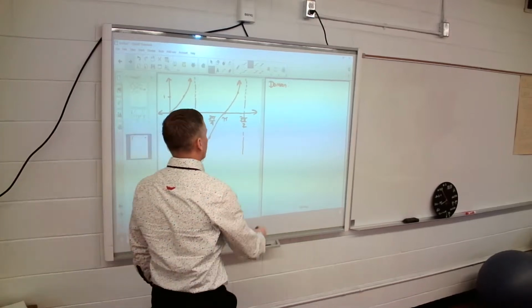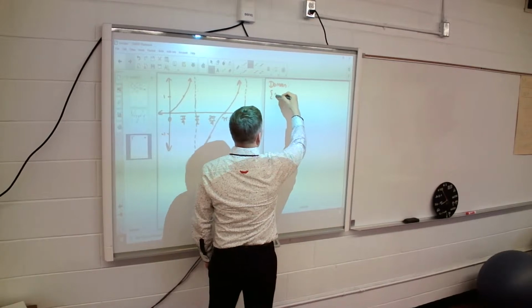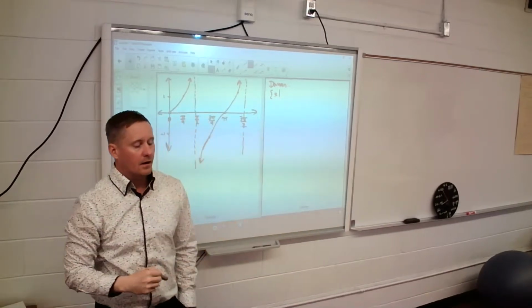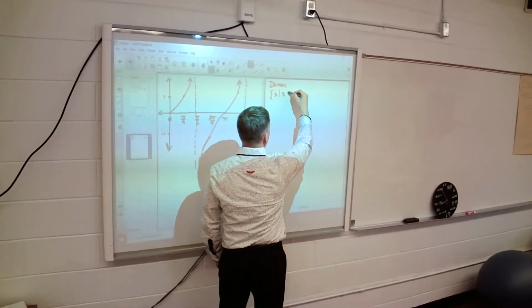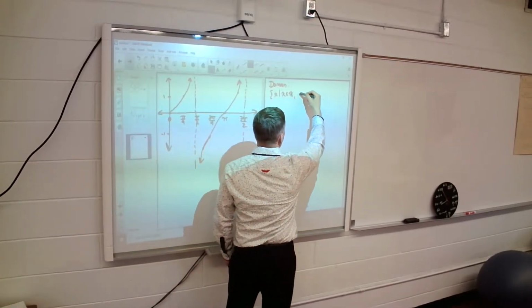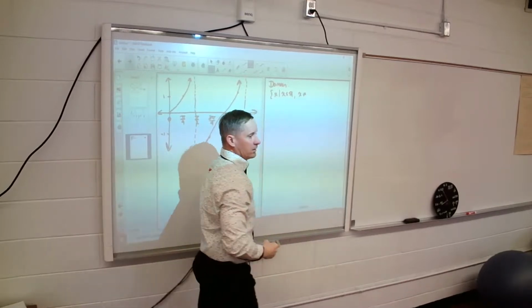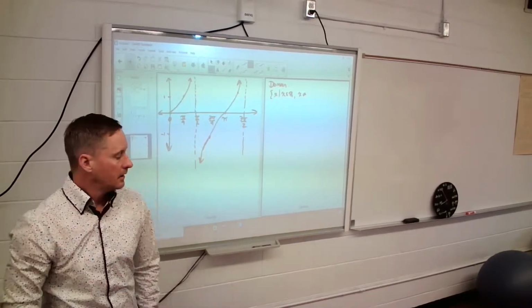X is an element of all reals, we get that part. However, X cannot equal, that is exactly correct.